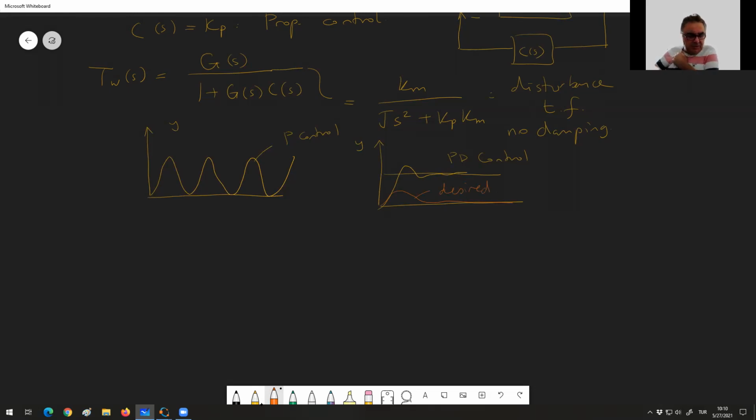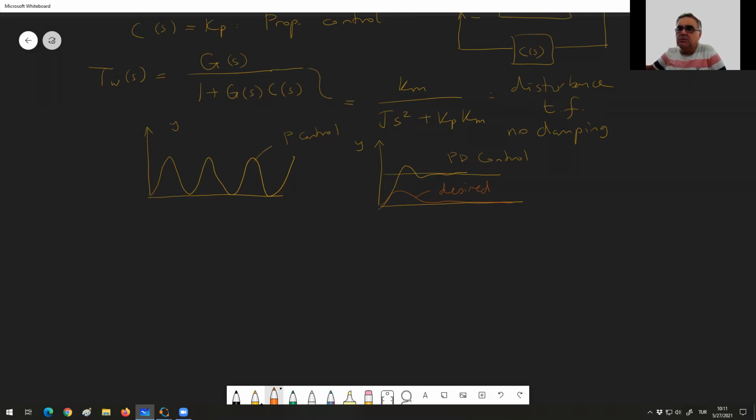So that's to be expected because the system type is 0. Even for a step disturbance, you get a steady state error. And the damping term does not really influence the steady state error.